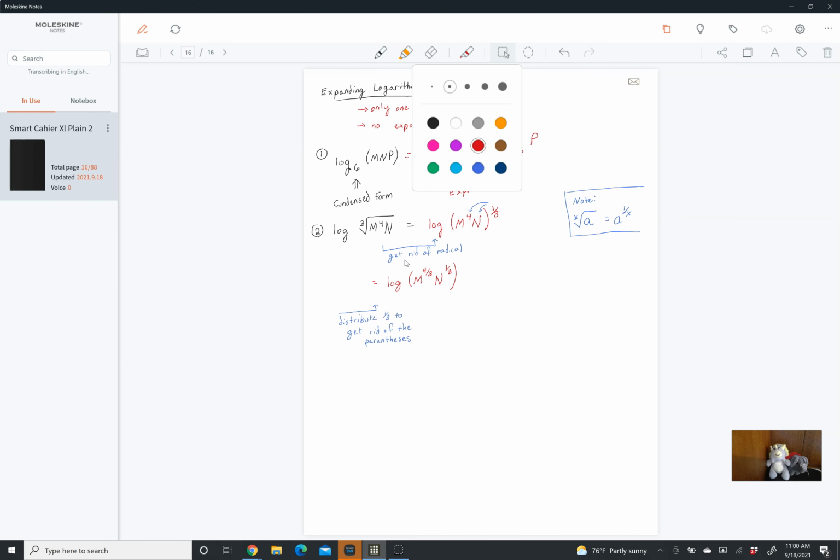Okay, our next step here is to expand. And when we expand, we're really using the quotient property and/or the product property. So here we don't see any division, so we're only using the product property.